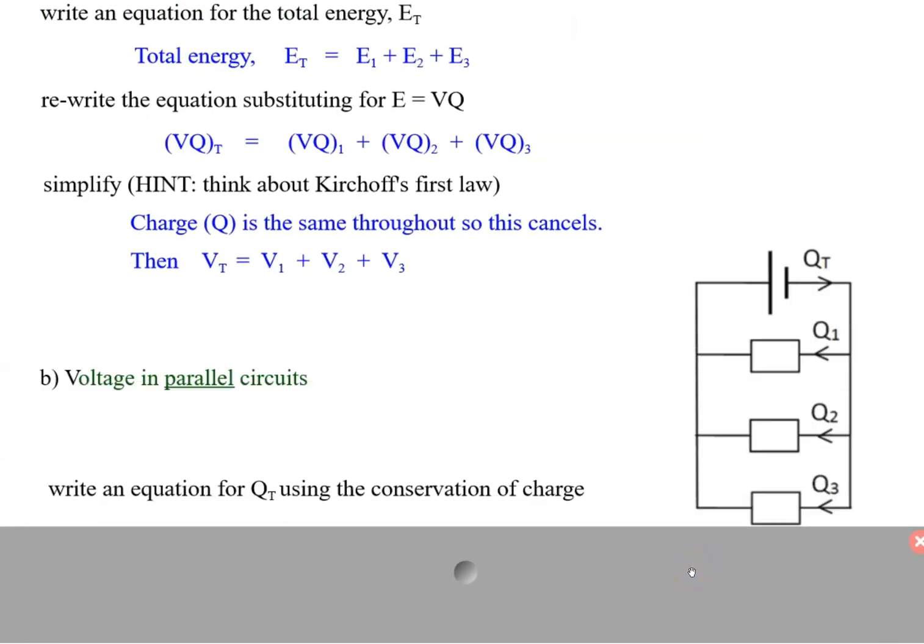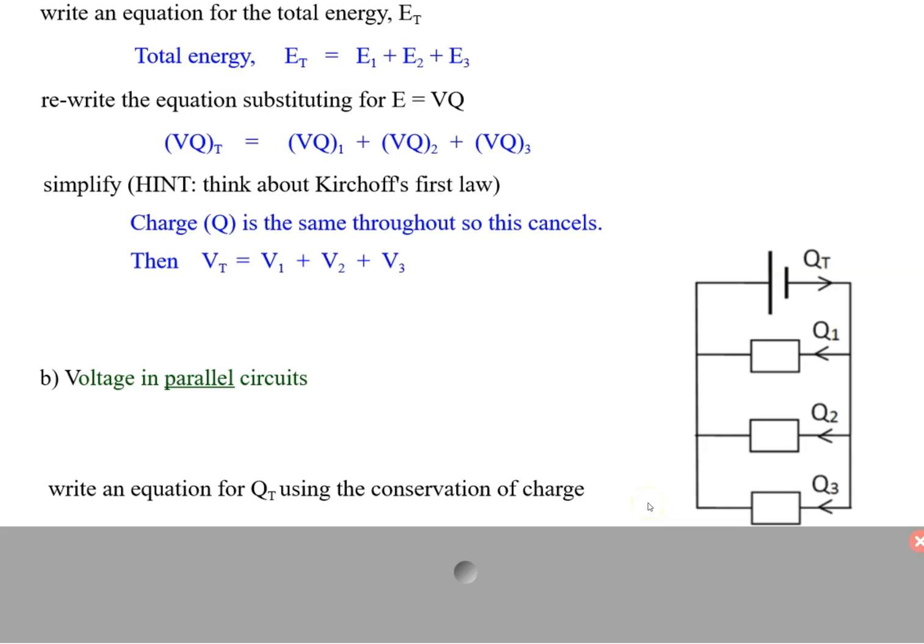Okay, same idea for voltage in parallel circuits. Our starting point here is not conservation of energy, our starting point is conservation of charge. So if I have a parallel circuit, as shown, my total charge, QT, coming from the battery, some of it goes along the top loop, Q1, some of it goes along the middle loop, Q2, and some goes along the bottom loop, Q3.